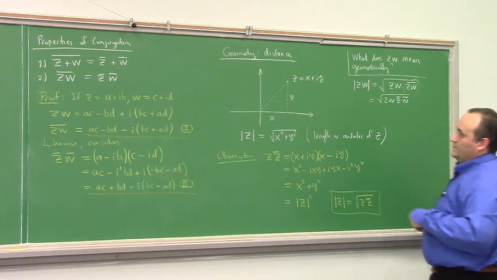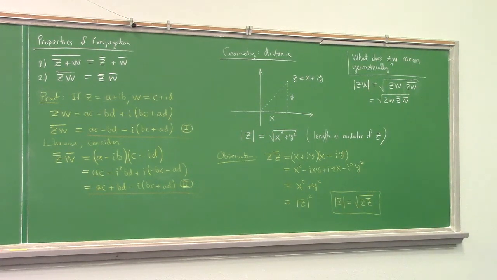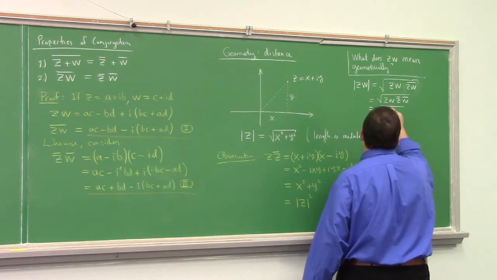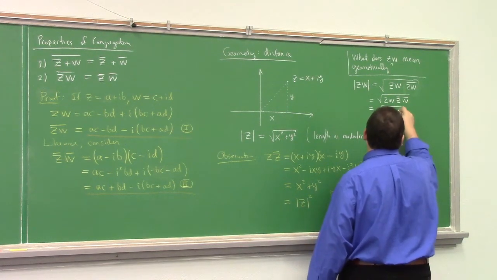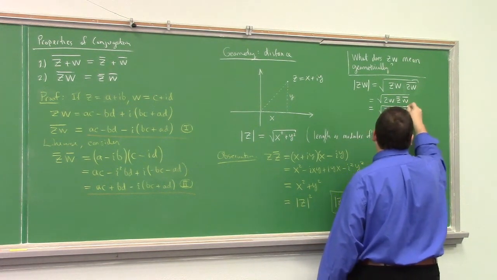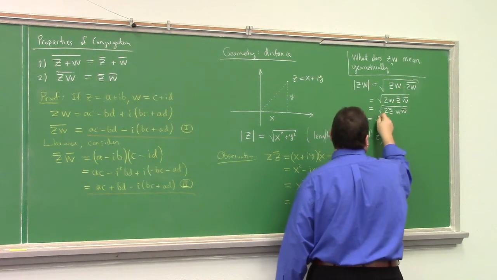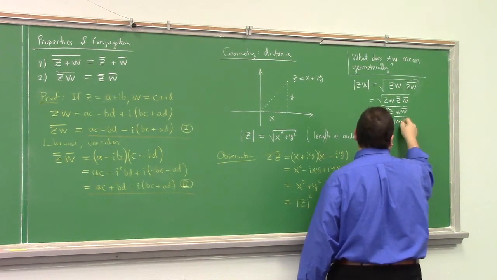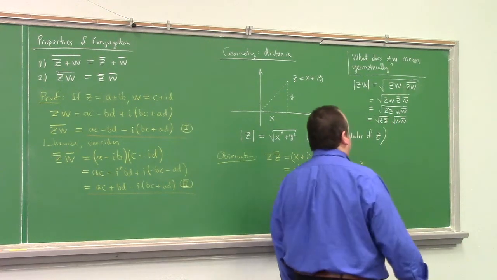But what else do we know? We know that complex multiplication commutes, right? So I can move the z and the z bar around, and I can rewrite this as the square root of z z bar, w w bar. But then I can use properties of square roots, because that's the square root of z z bar times the square root of w w bar. But what's that?